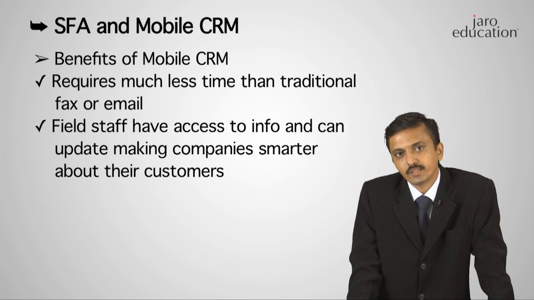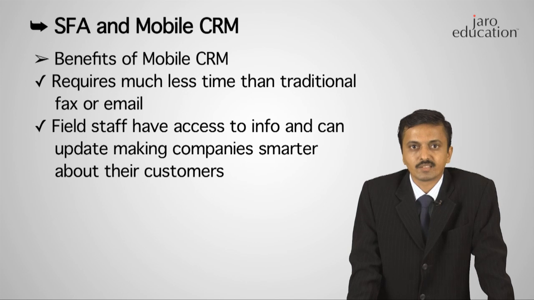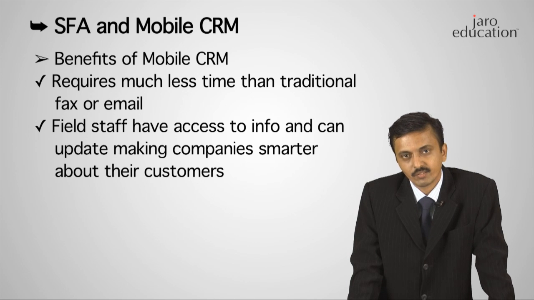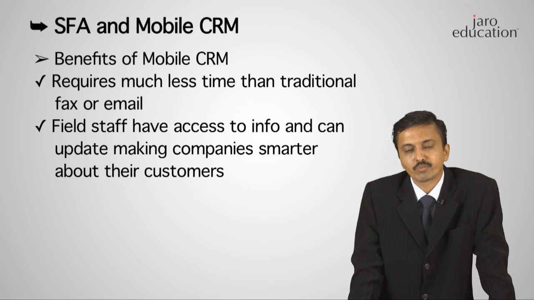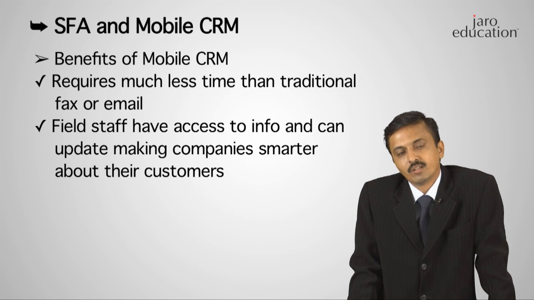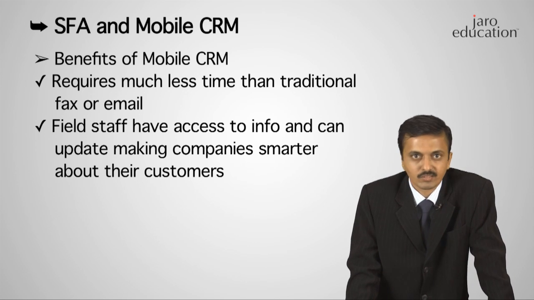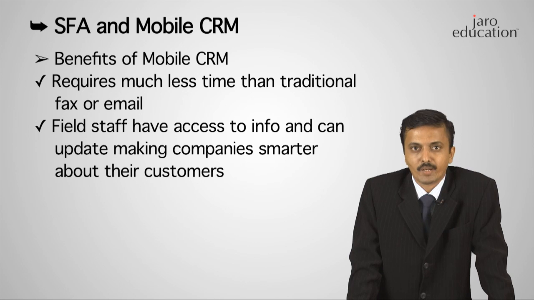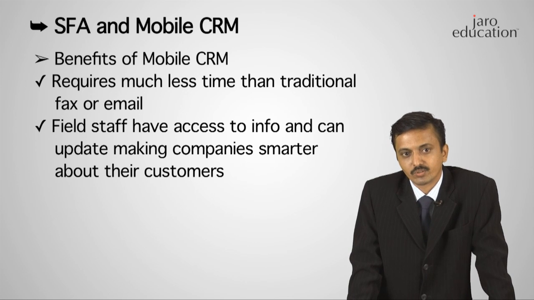So all the activities to the minutest level can be recorded if a mobile, which is a handheld device, can be carried to the remotest place very easily, very conveniently. That will help the company to track all the activities of the sales representative and about the customers very closely. That is called closed loop management or close observation of the customers.